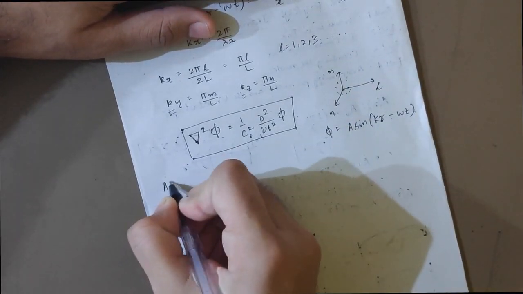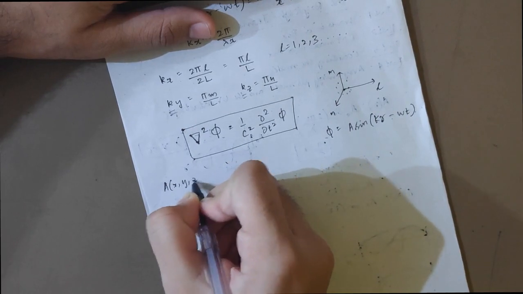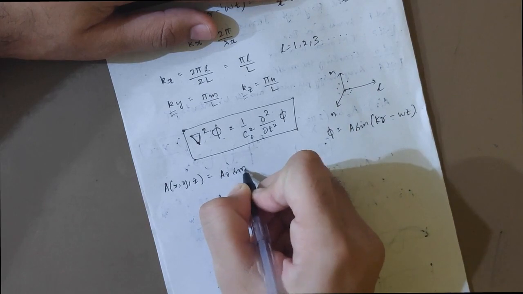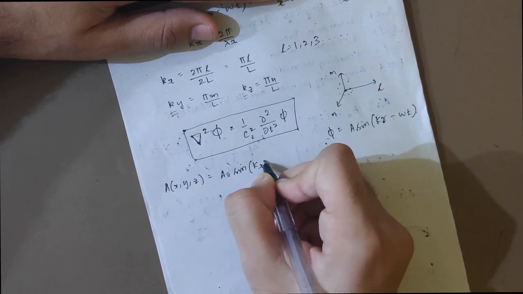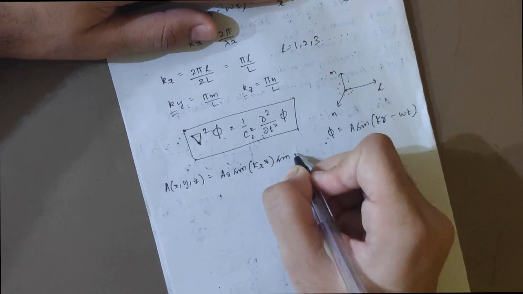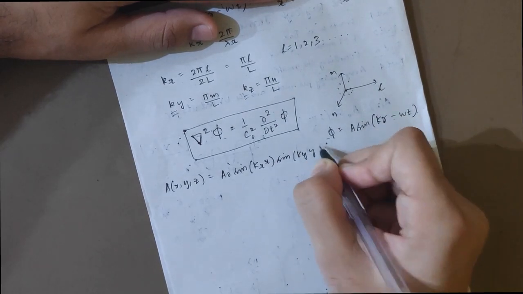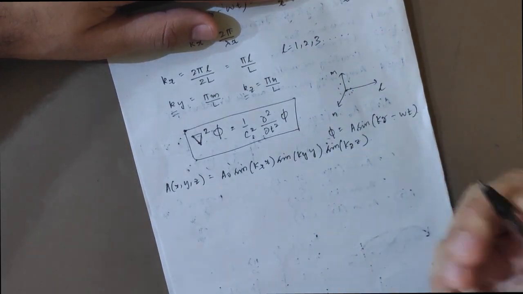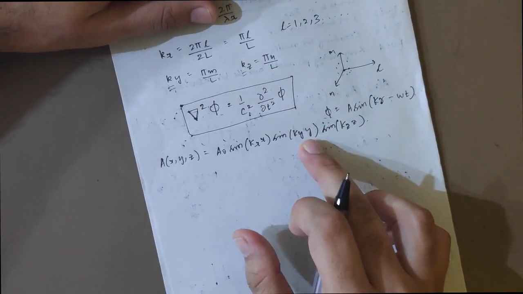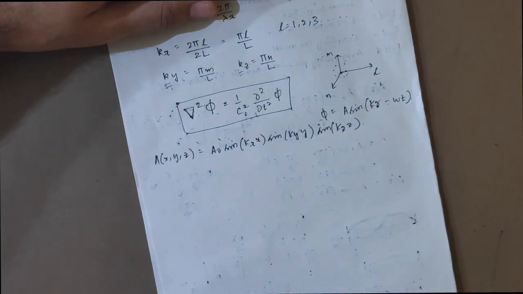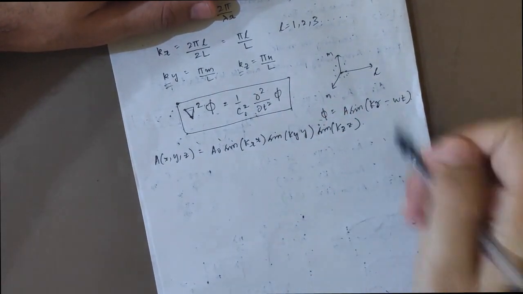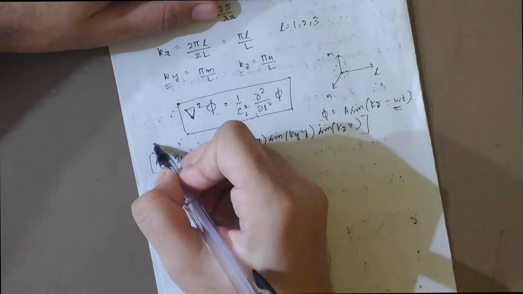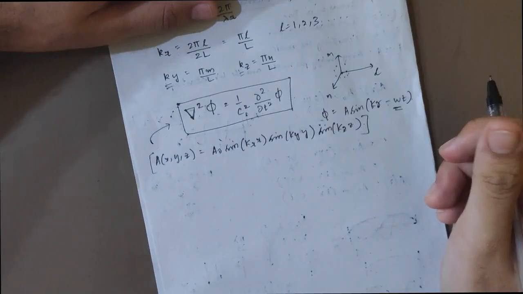So you can write something like this: A as a function of x, y, and z can be written as A0 sine kx x, sine ky y, and sine kz z. Now, to find the relation between kx, ky, and kz and the angular frequency omega of the mode, we insert this equation into the general wave equation in 3 dimensions.